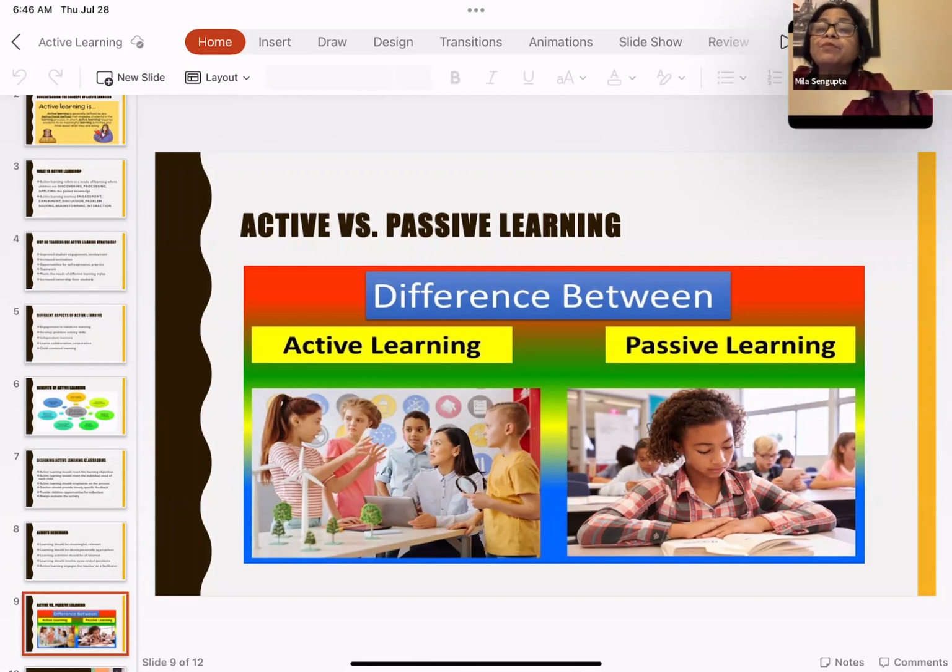Whereas what does happen in active learning, as we see in this picture, is that these little older children are sitting down with the teacher, and the children are not in a restrictive manner, like having to sit at their desk or table, but they are around the teacher, talking and discussing.